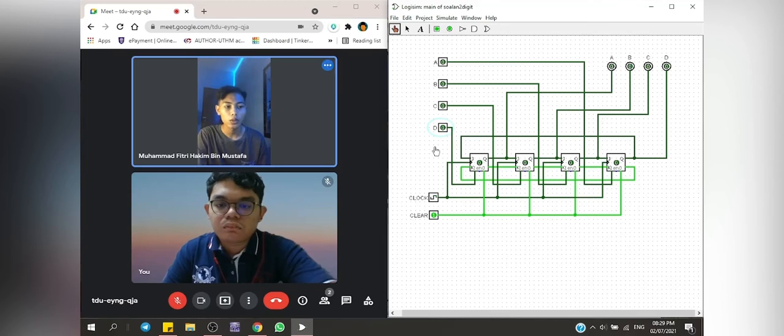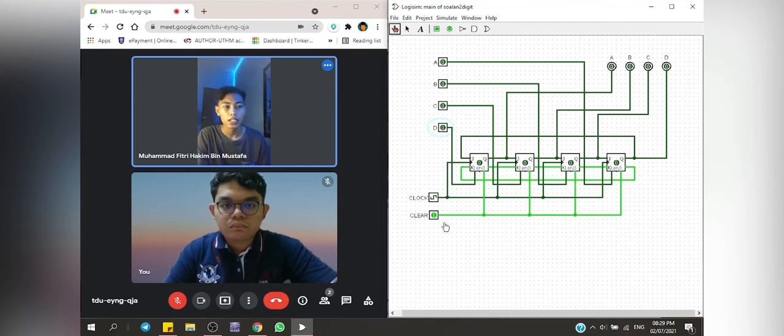For shift right, line number 12, the clear will be 1. Input D is 1, C is 1, B is 1 and A is 1. The clock pulse will be 7 and output D is 0, C 0, B 0 and A is 0.